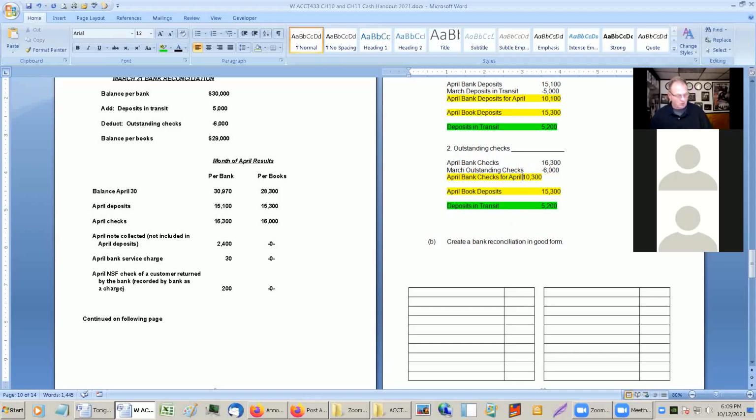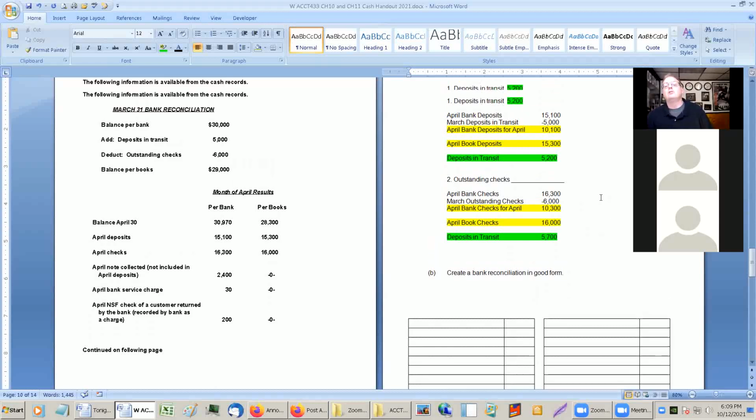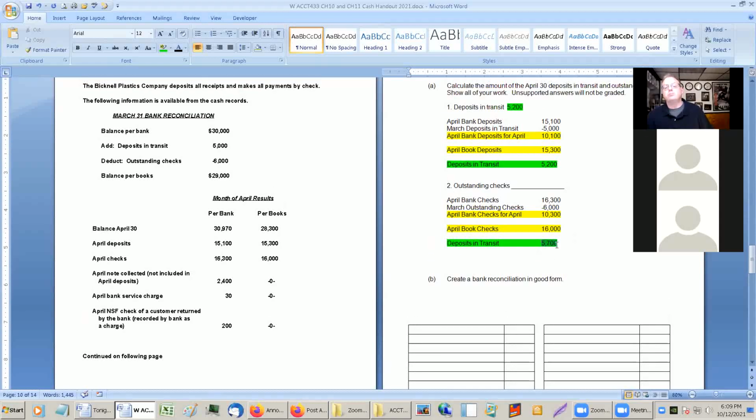And the book checks was 16,000 even. Difference is 5,700.